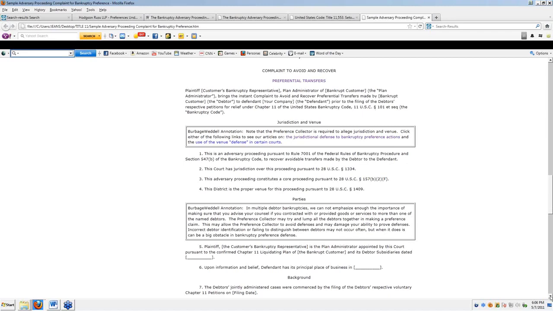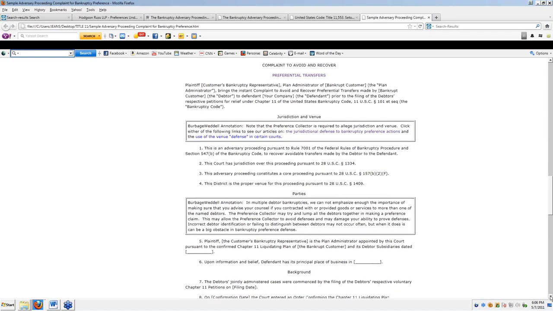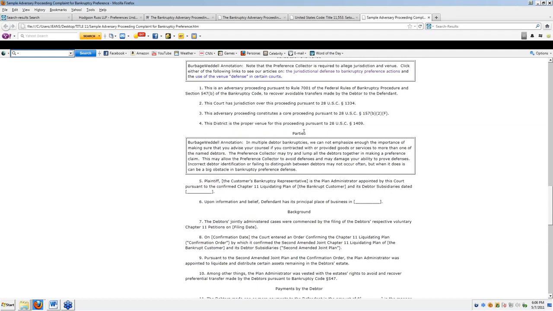Then you have to put, read this. Which one? Parties. Annotation: in multiple debtor bankruptcies, we cannot emphasize enough the importance of making sure that you advise your counsel if you contracted with or provided goods or services to more than one of the named debtors.